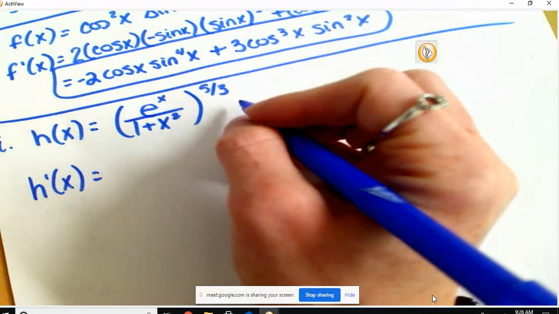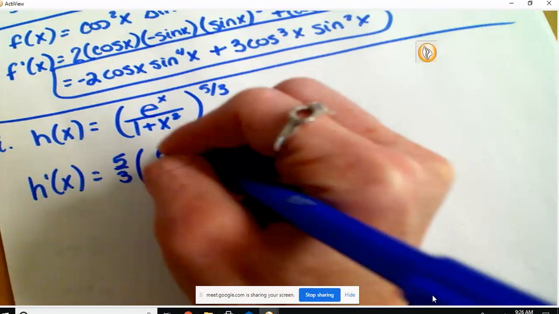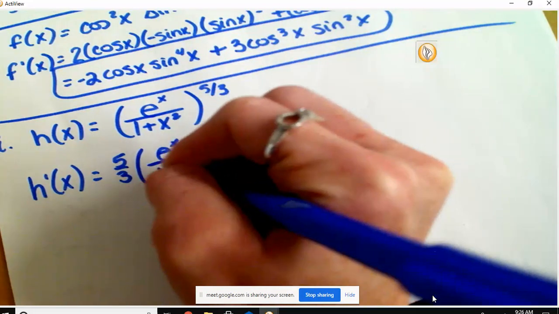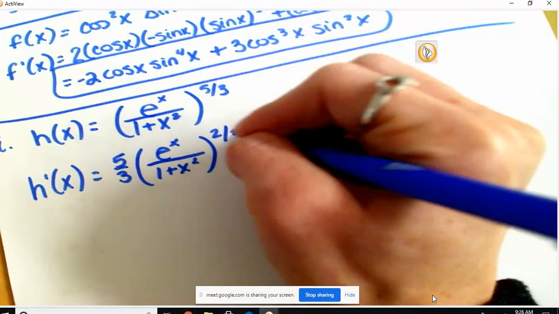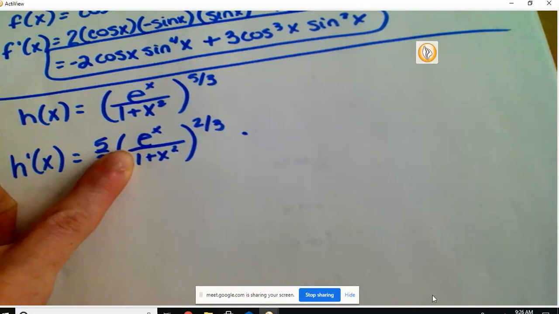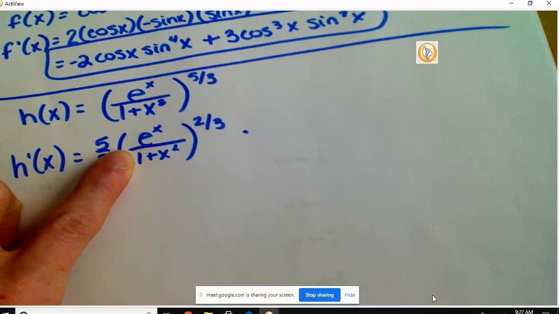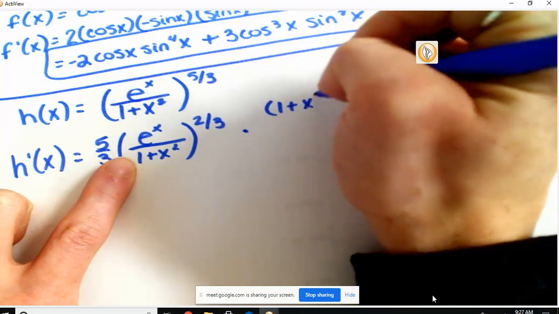So we have to do chain rule. Exponent comes down. Inside stays the same. Subtract 1 from the power. Times derivative of the inside. So to do the derivative of this inside, it is a fraction, so we have to do the quotient rule. So low, 1 plus x squared.